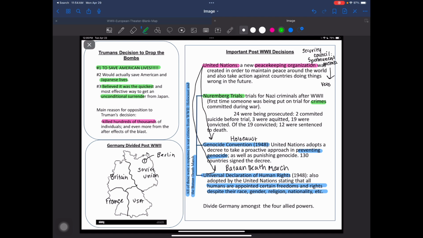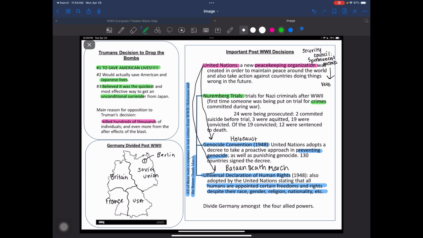But the Nuremberg trials, Nuremberg is located in Germany, will actually go in and rebuild a courtroom, and we're going to bring in judges from Britain and France and the United States, and we're going to put some of the lead figures in the Nazi army on trial for things that they did during the war that are considered war crimes.